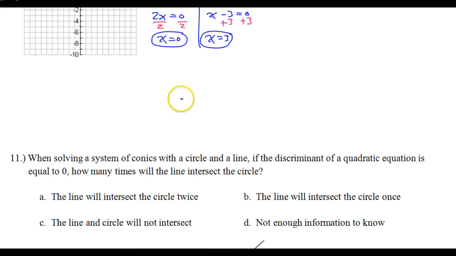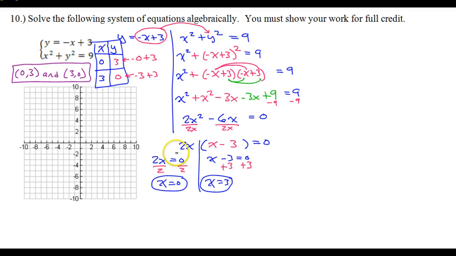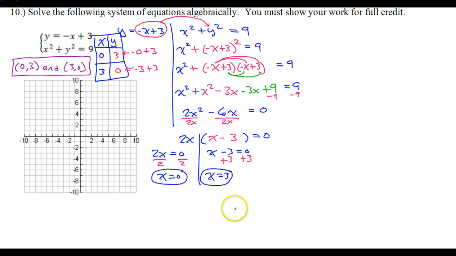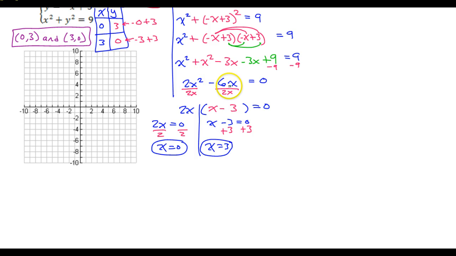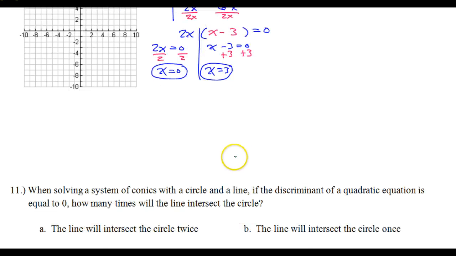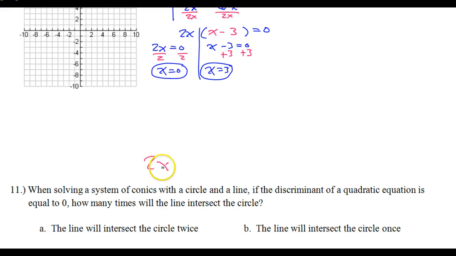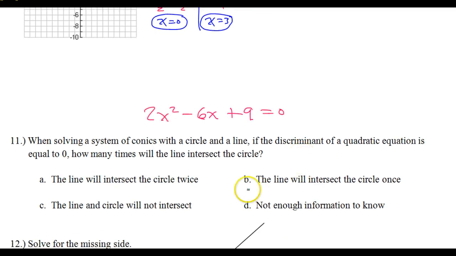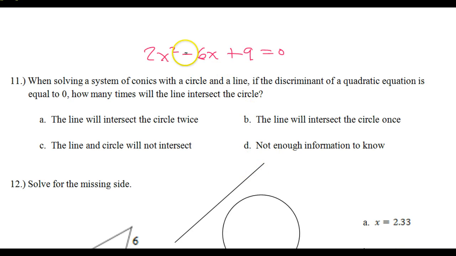What if instead of being 2x squared minus 6x equals 0, it had been 2x squared minus 6x plus 9 equals 0. Okay? So this is a quadratic equation.